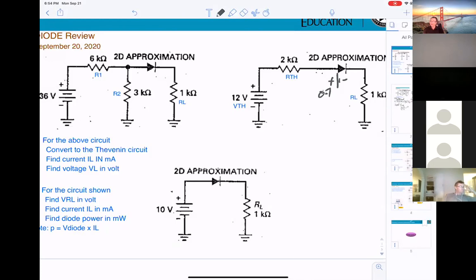So IL equals 3.7 milliamp. And the VL across the 1K can be 3.77 volt.